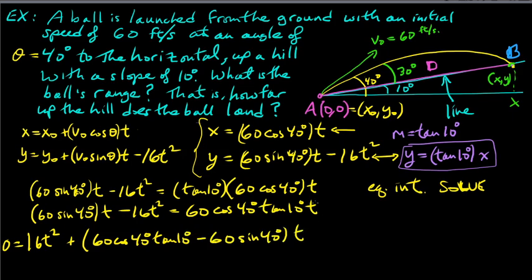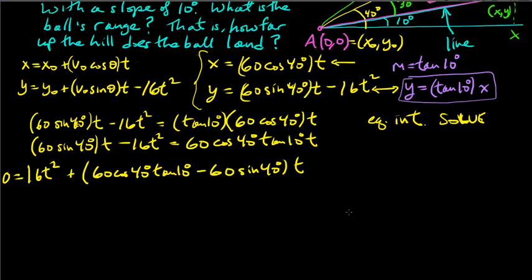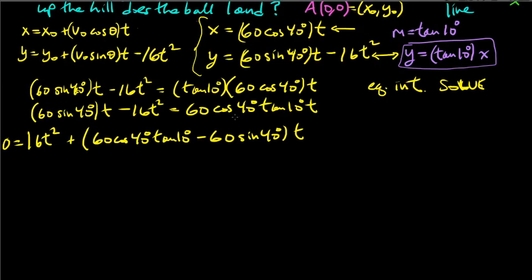So I factored out the t here. Notice that there's no constant term. It's ax squared plus bx plus c, or in this case, at squared plus bt plus c. But c is 0, so this is a very simple equation to solve.